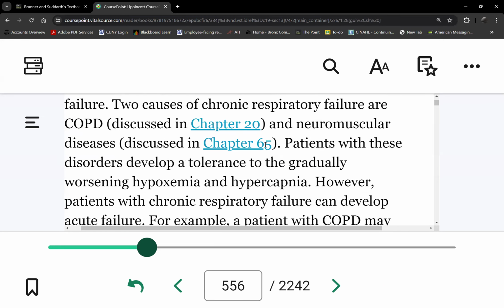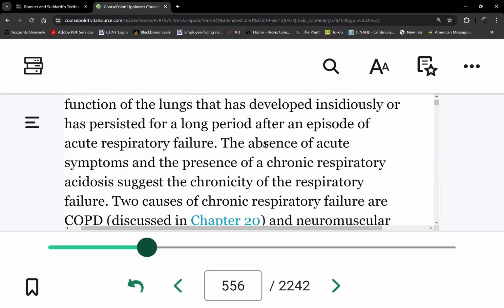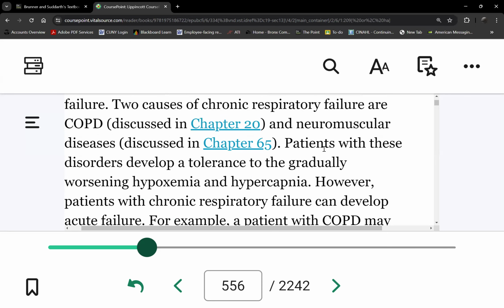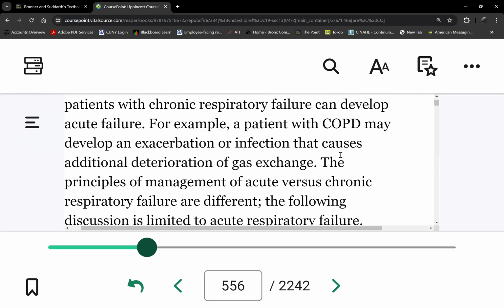Okay. There are two types of respiratory failure: hypoxemic and hypercapnic. It's pretty easy. If it's hypoxemic, that means your oxygen is low. And if it's hypercapnic, your CO2 is high. Usually in both cases, PaO2 is low and CO2 is high, so both are present.